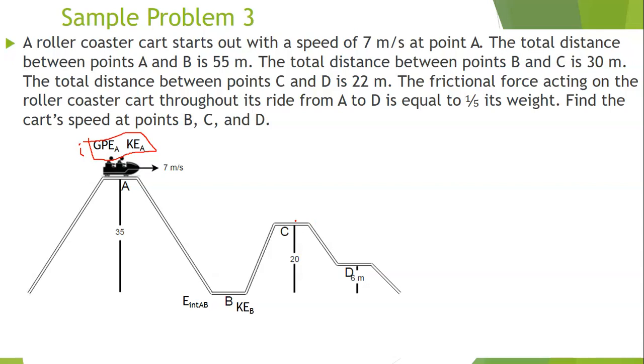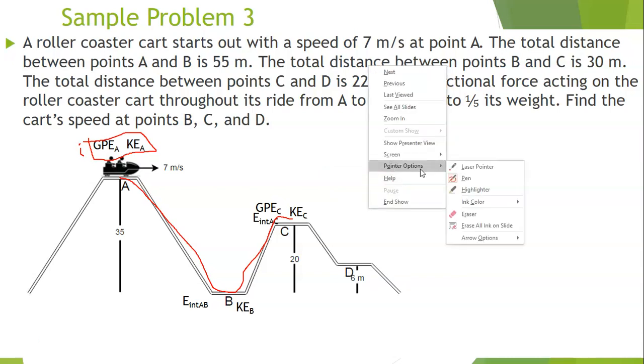So at point C, we're going to have gravitational potential energy, we're going to have kinetic energy, but if we're using this position as my initial scenario, then the internal energy is going to be all of the internal energy between A and C. So it's going to be E int AC.